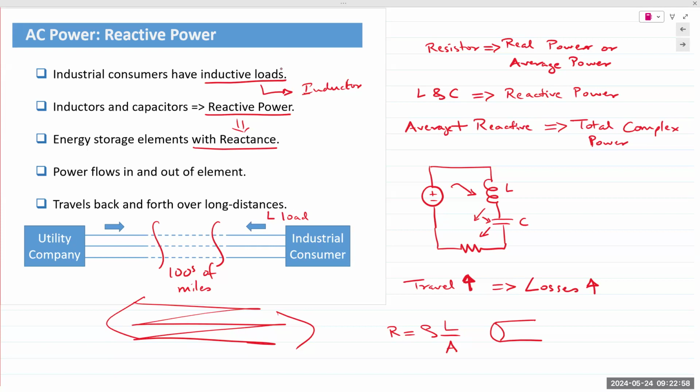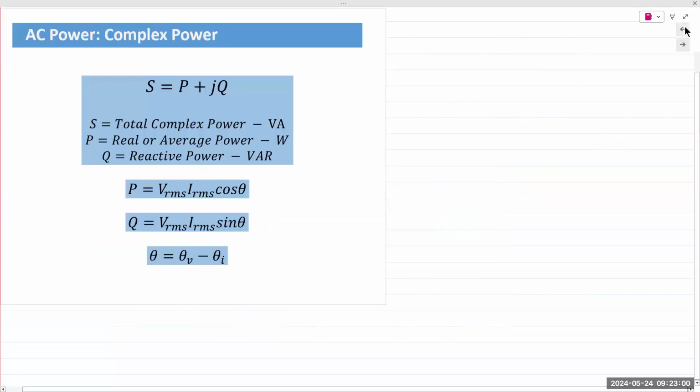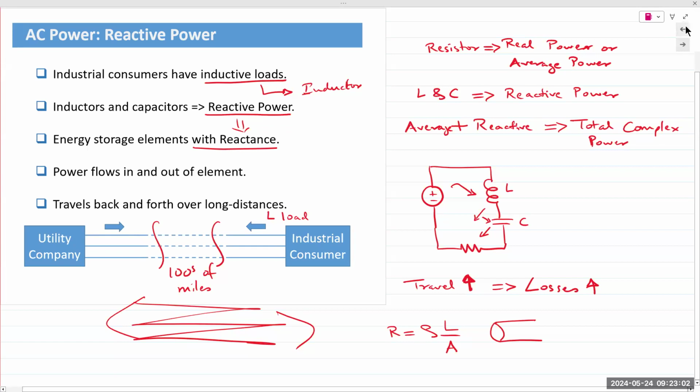Okay. All right. So we've established that we don't want the energy to be transmitted back and forth over long distance transmission lines. So how do we prevent that? Well, fortunately, we do have a component that is very similar to the inductor, but behaves in exactly the opposite way in some respects, and that is the capacitor.